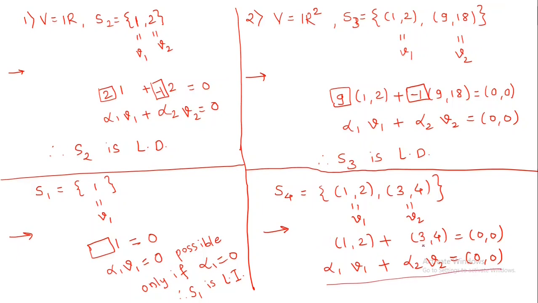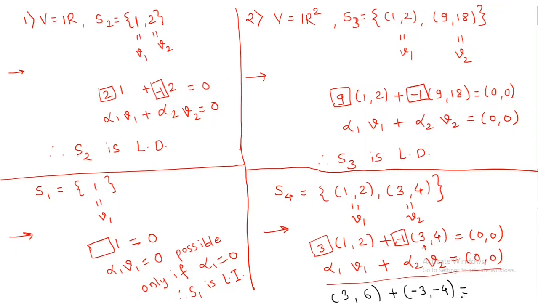If you see properly over here, you are having 3, right? So my natural choice is I will try to think the value of alpha 1 as 3 and the value of alpha 2 as -1, because it will nullify my first coordinate. But if you solve it, you will get over here the first term will be 3 comma 6, I guess, and over here plus -3 comma -4.